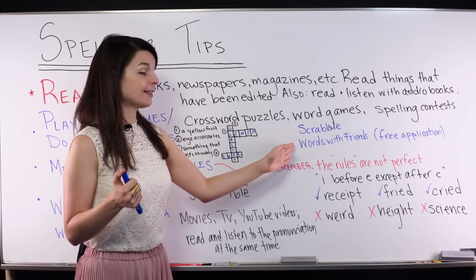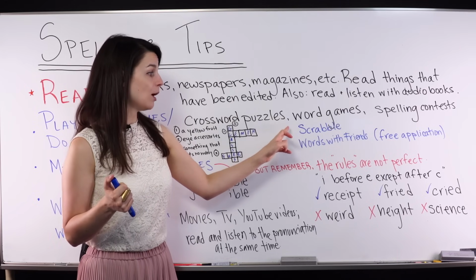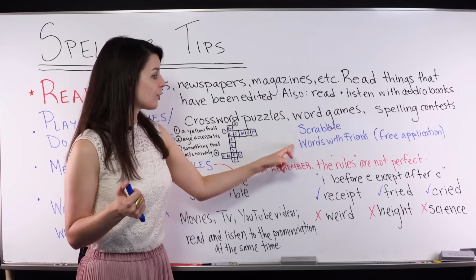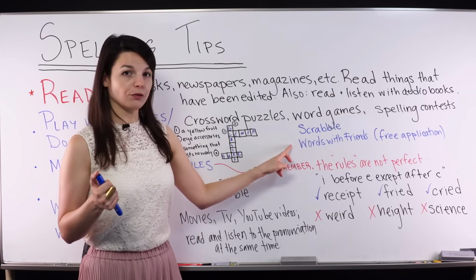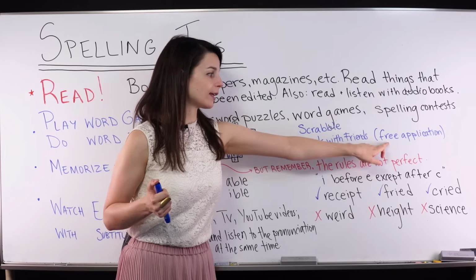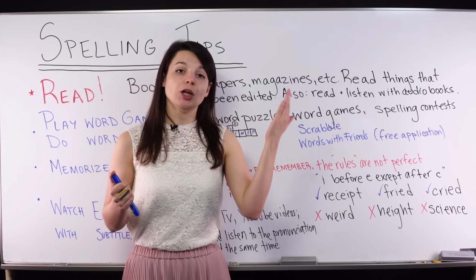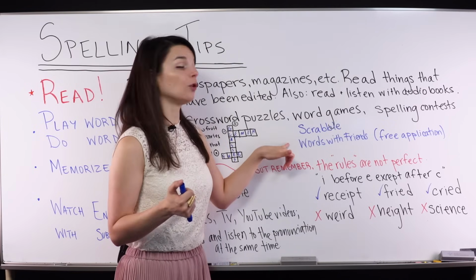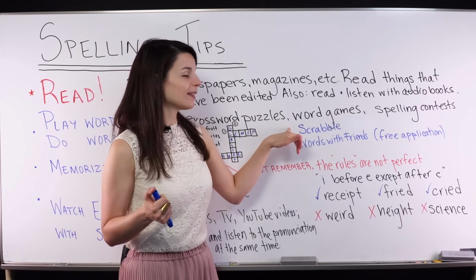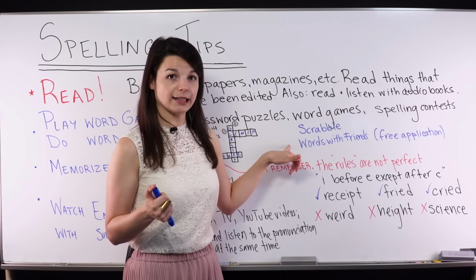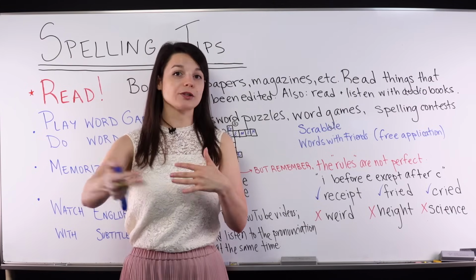If, however, it's difficult for you to get this game or to play this game, you could try this game, Words with Friends. This is a free application, so if you have a smartphone, you can find this online. It's called Words with Friends. It's basically Scrabble, but it's online and it's free. So you can find a partner somewhere in the world.